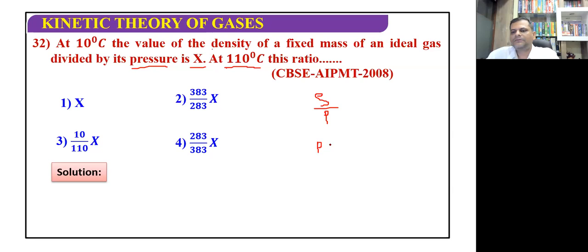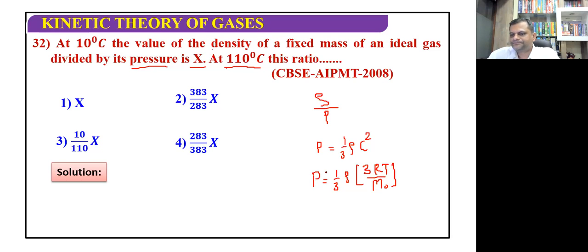See, we have the formula p is equal to 1 by 3 into rho into c square. Correct है? And this c is actually going to be root of 3RT upon m. So if we replace it by that, then we get this as 1 by 3 rho into 3RT upon m naught, where m naught is going to be the molar mass of that substance.